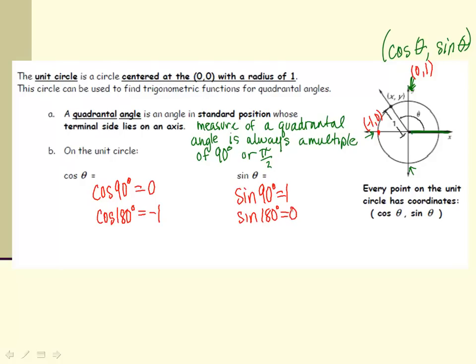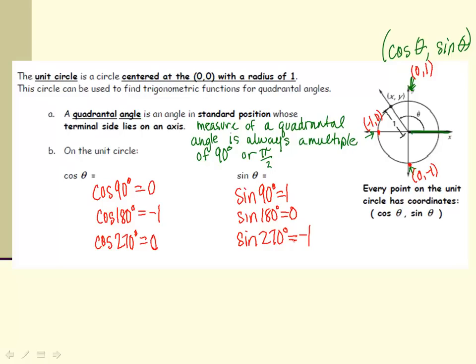Our next quadrantal angle could end right here, at the ordered pair (0, -1), and going around to that spot would be 270 degrees. So the cosine of 270 degrees is the x value, which is 0, and the sine of 270 degrees is the y value, so it's -1.